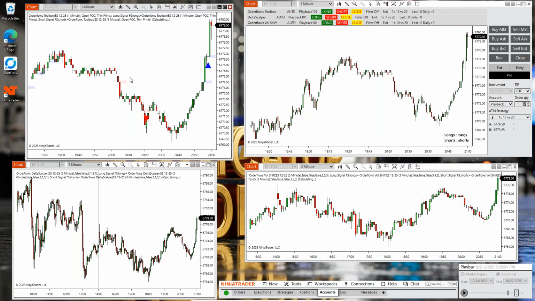Okay, now we can see the 3 charts are ready, and now we need to calculate the 3 of them. We can see this indicator is ready, not the copy. We need the copy to finish, and on the other 2 charts, everything is waiting.